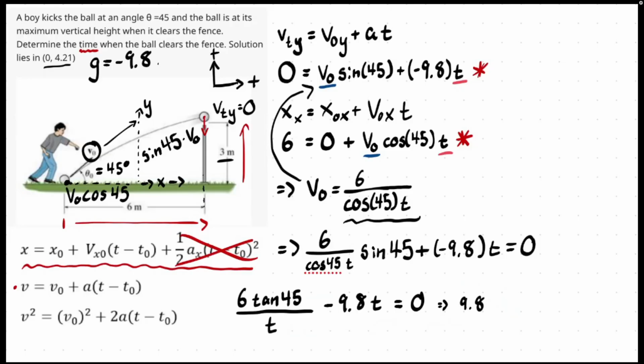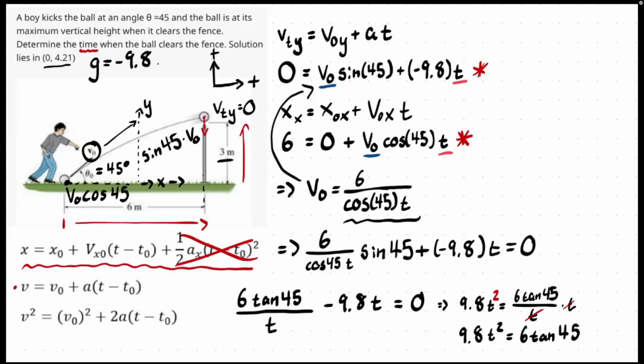So 9.8 t equals 6 tan of 45, divided by t. Now I'm going to multiply both sides by t to cancel this out. And now this becomes a t squared. Perfect. So now I have 9.8 t squared equals 6 tan of 45.